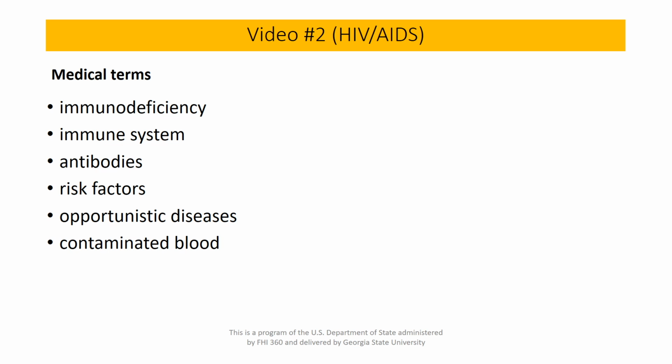As an important expression, contaminated blood, that you certainly already know, pretty straightforward. Tissue transplant, also pretty straightforward. And then you have the antiretroviral therapy, which is the treatment that is followed by those who are HIV positive.